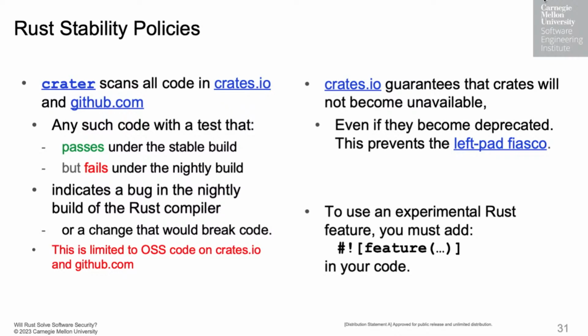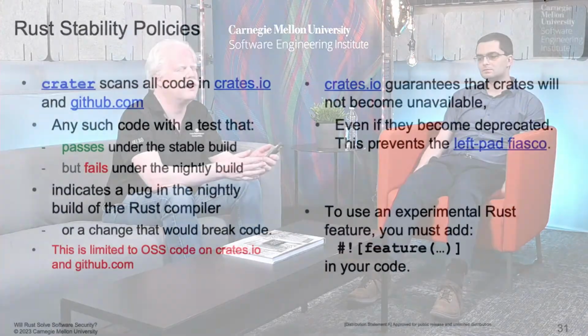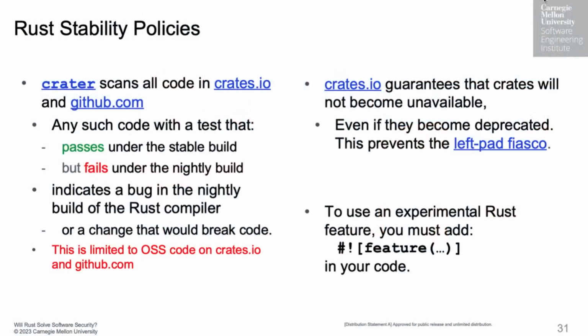So Rust has the same problem, and I use the term loosely because obviously for some vendors this is sort of an asset, vendor lock-in. But Rust basically forces you to use the following syntax, which is in the lower corner of this slide, if you want to use an unstable feature.